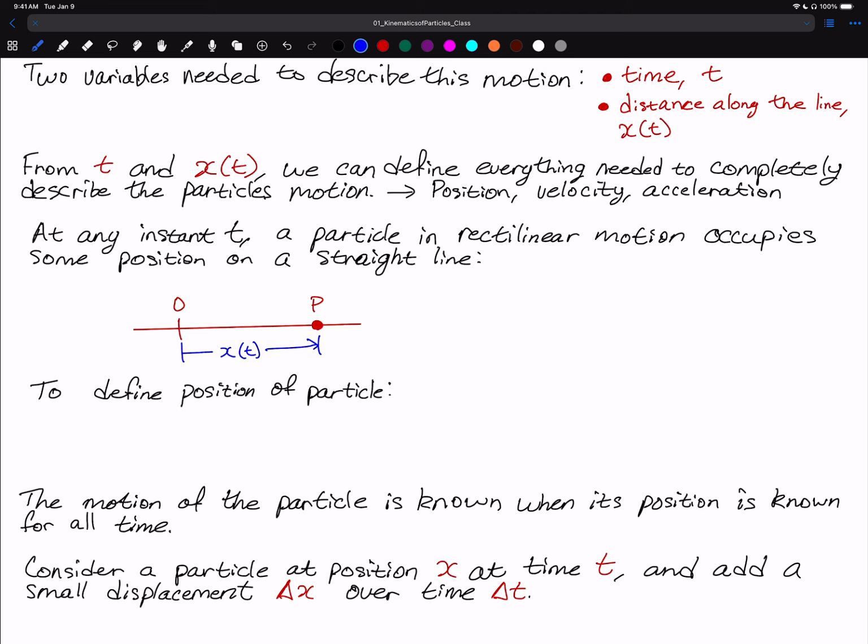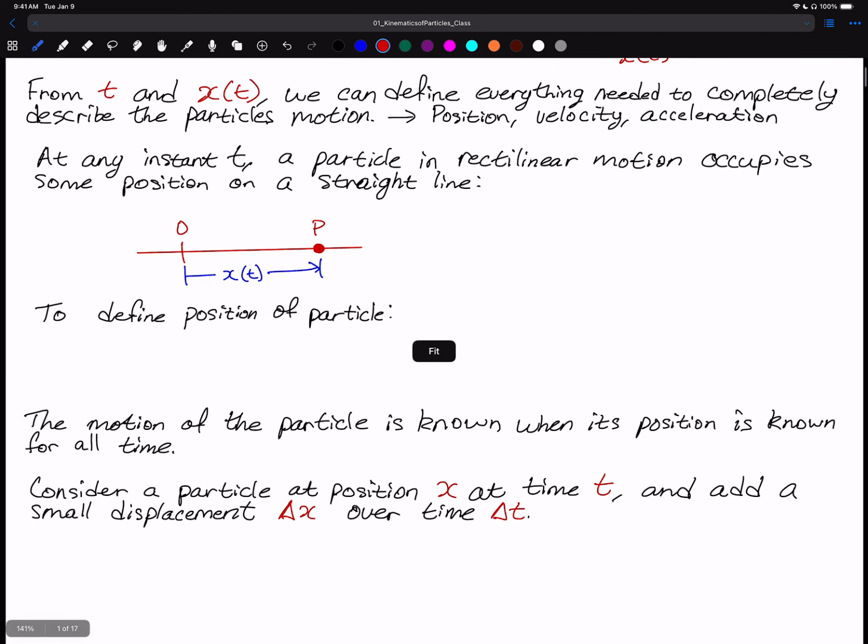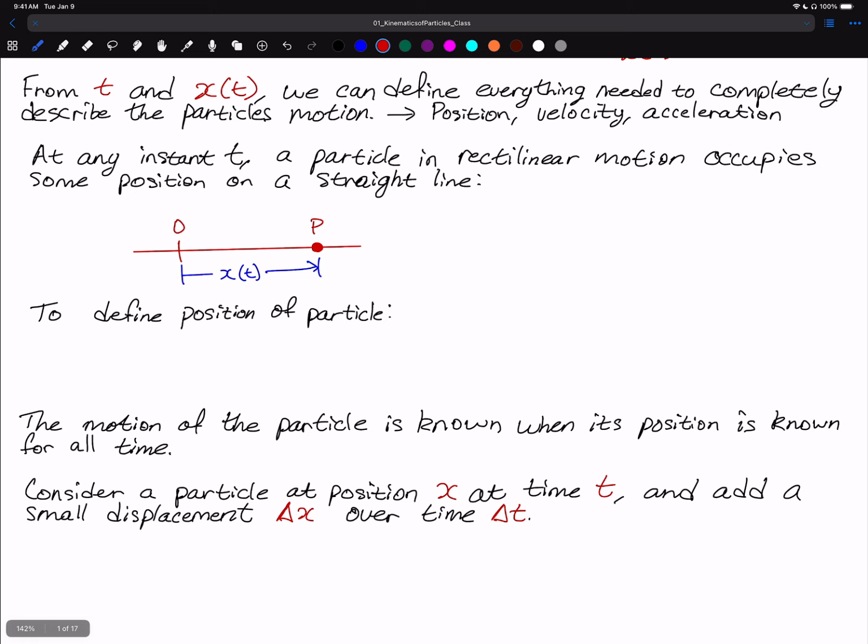So in this case, to define the position of the particle, we need to do two things. First, we need to choose a fixed origin.